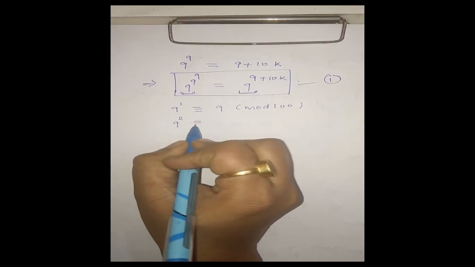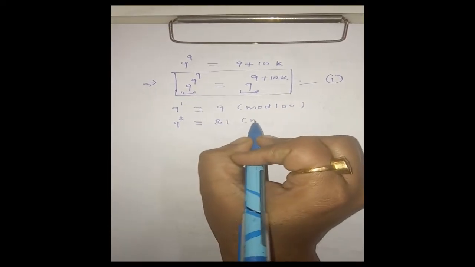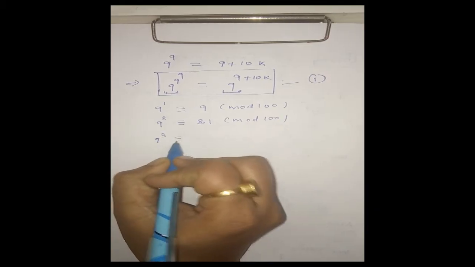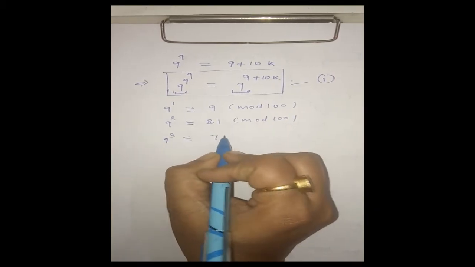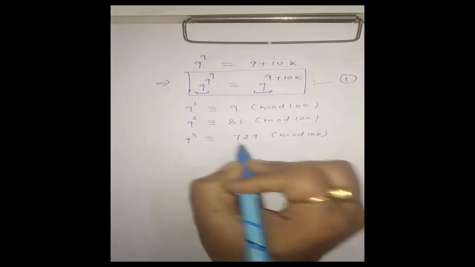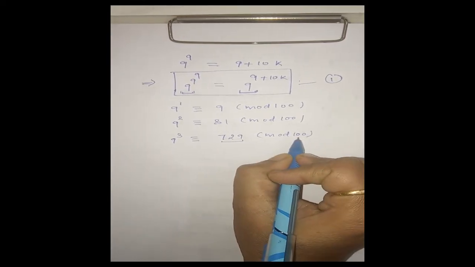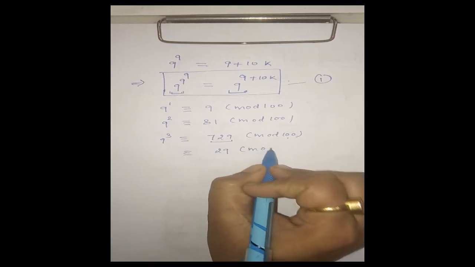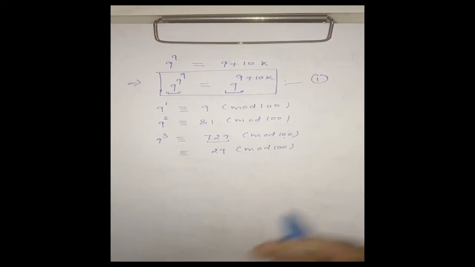Now 9 square is 81 modulo 100. Taking the cube, this is 729 modulo 100. Now on dividing this number by 100, the remainder is 29. So I can write this congruence as this.